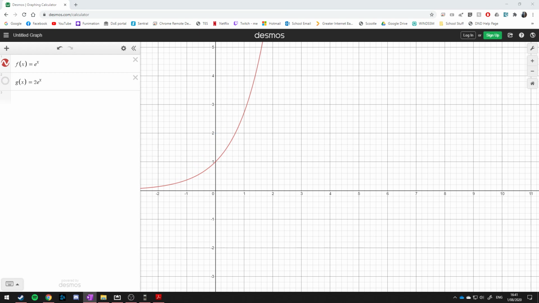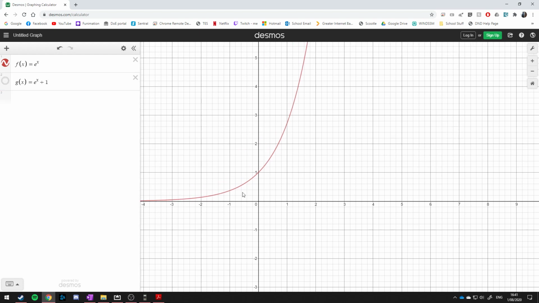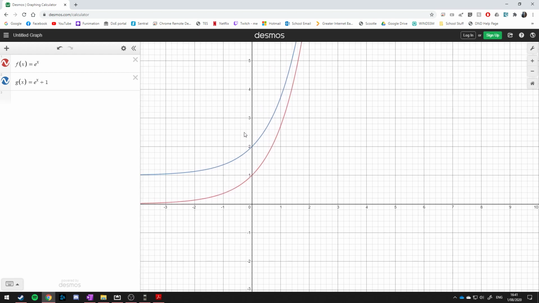The second one we're going to have a look at is e to the x plus 1. Now, this one's pretty straightforward, basically saying take this function here and add 1 to it. And you'll see that's exactly what happens. It doesn't quite look like the same shape, but if I move that one back down, it does go straight back on.